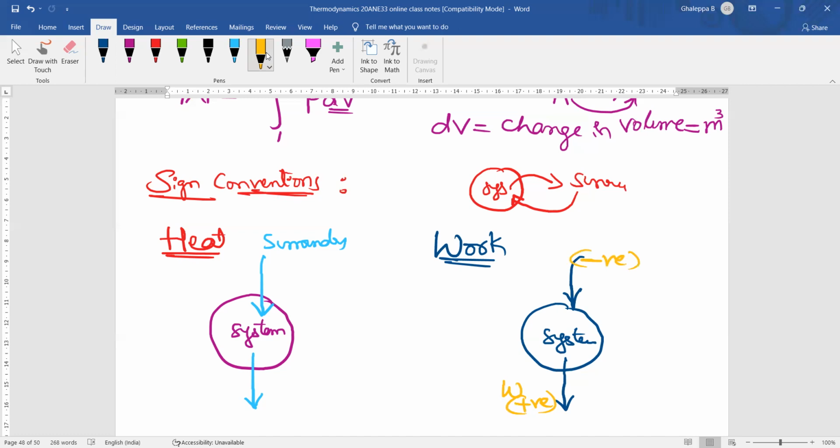On the system is negative, by the system is positive. That is for work. On the left hand side, it is related to heat. It is exactly opposite, my dear friends. Heat rejected by the system is negative. Heat added to the system is positive.